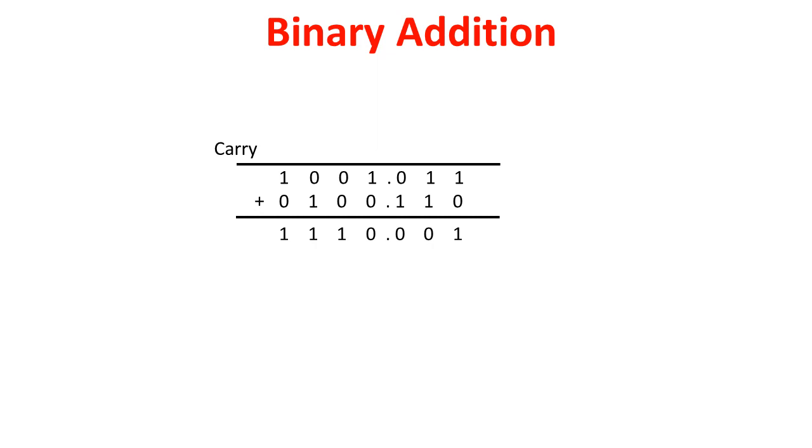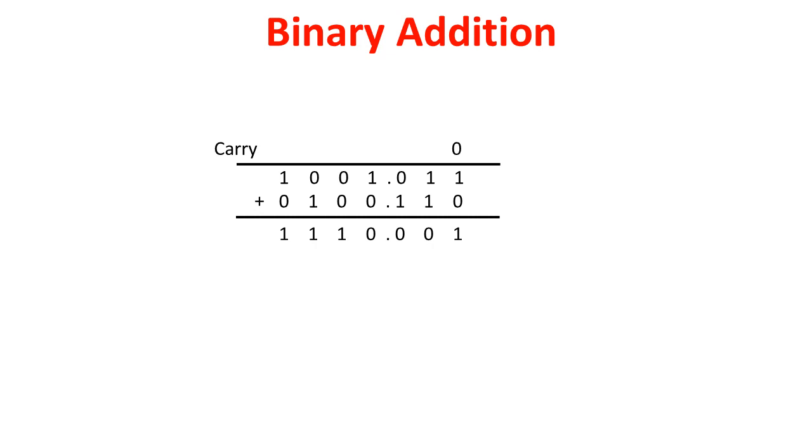To do this binary addition of these two numbers, that is 1 0 0 1 dot 0 1 1 and 0 1 0 0 dot 1 1 0, we have to start the calculation from the right side as we have done in the earlier binary addition. So there is no carry.